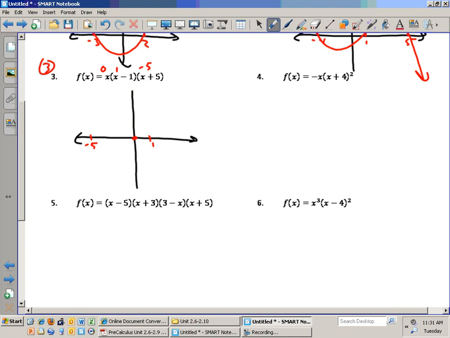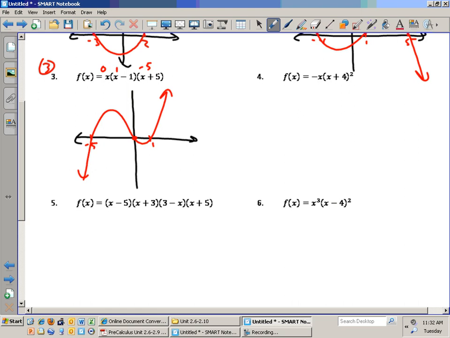Okay, so it's odd. So is it going to start down, finish up, or start up, finish down? Very good. Odd or even by the number of x's. So we got 1, 2, 3 x's. So it's odd. How do you tell that?